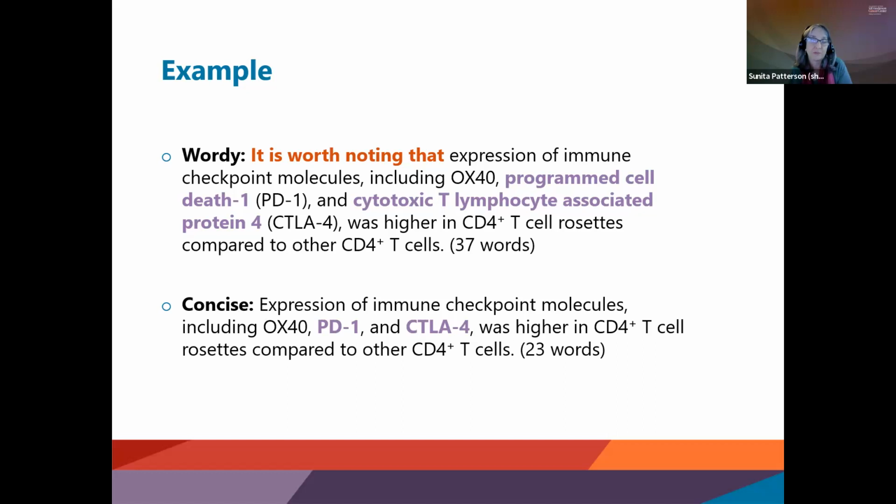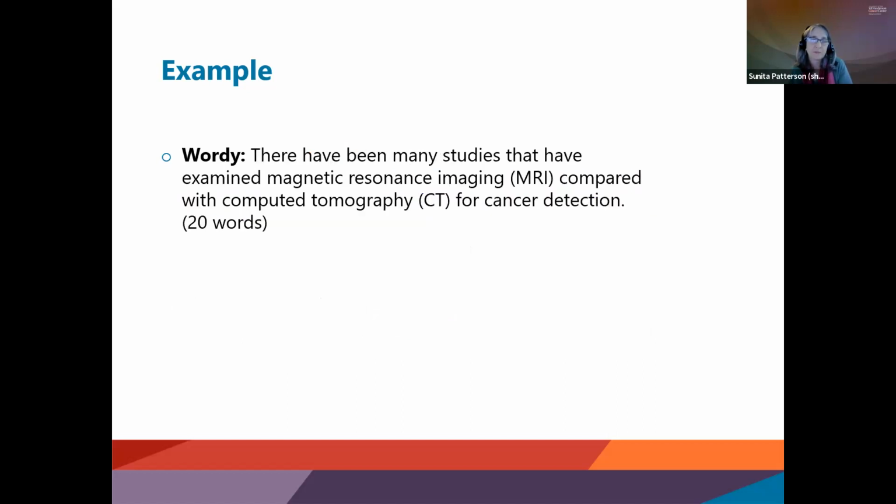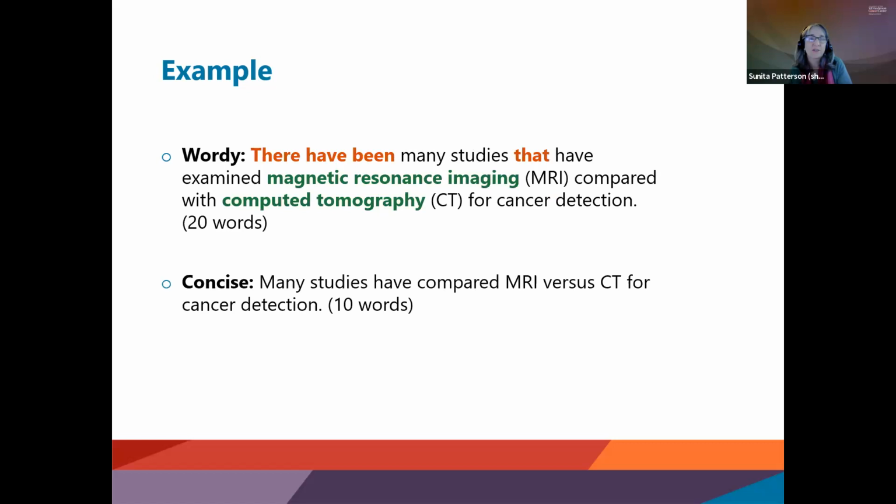That's acceptable. You can also watch for very, very common abbreviations like MRI and CT. Many journals don't require those to be spelled out, so you can check your journal instructions for standard abbreviations like that. And MRI and CT are usually going to be okay to abbreviate.